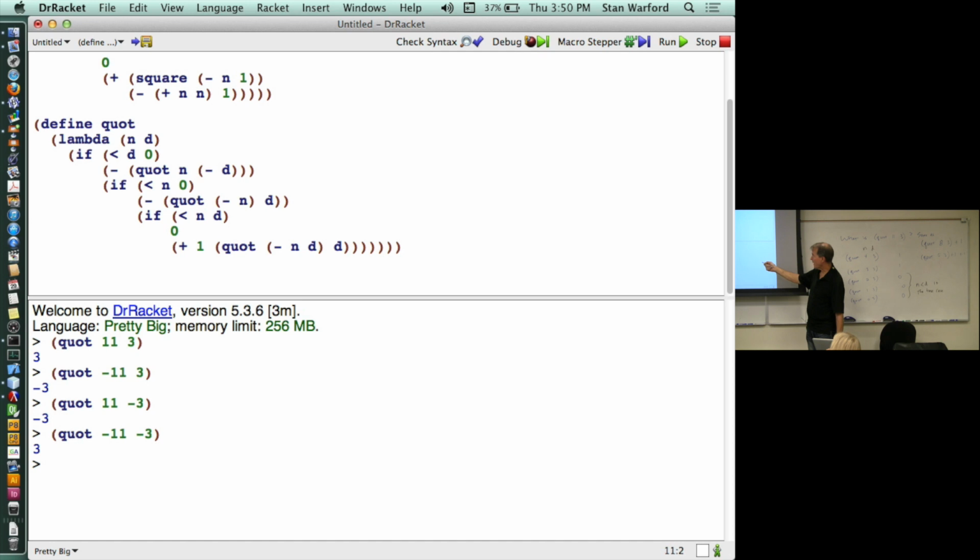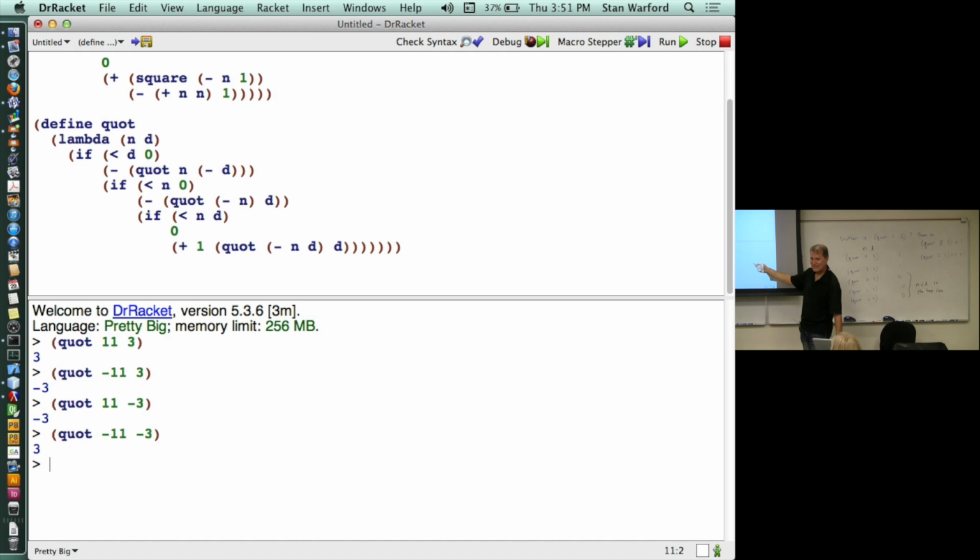But how does it call this? It evaluates this. And so this negative d in this particular example returns what? 3. So now it's going to call quote negative 11:3. But before it can negate that, it calls this, right? So it goes up here.